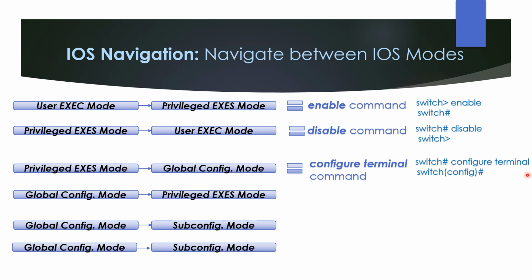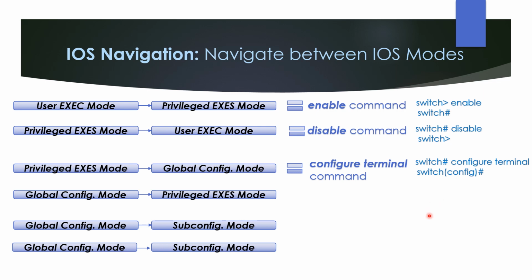So when you are at the device name followed by the hashtag, by entering configure terminal, it means that now you are entering the global configuration mode, and here will be the prompt after that. So inside will be the level of your configuration.